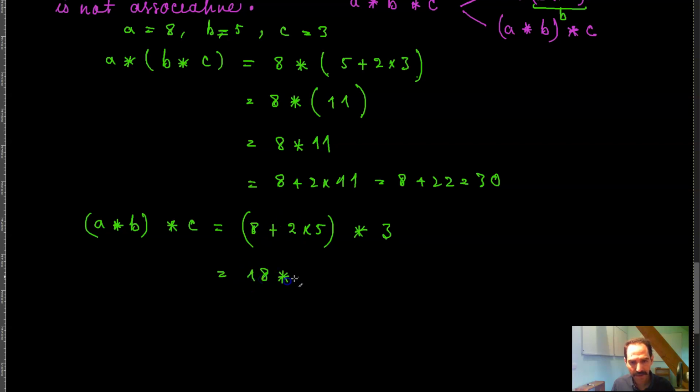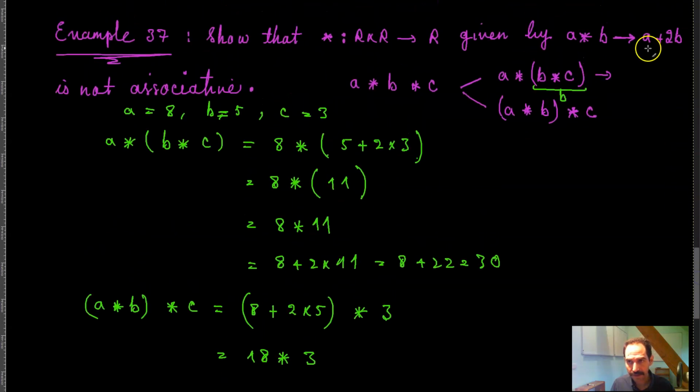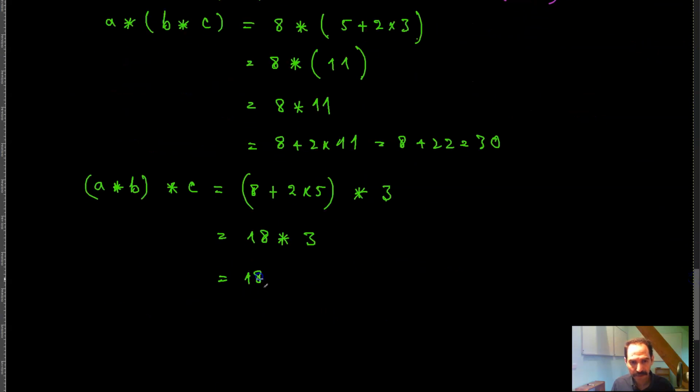So that is 18 star 3, which is 18 plus 2 times 3, which is 6 plus 18, equal to 24.